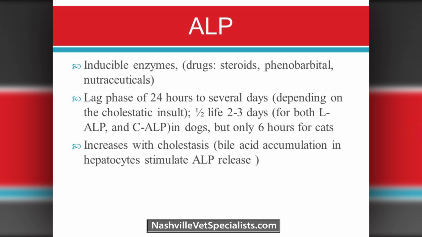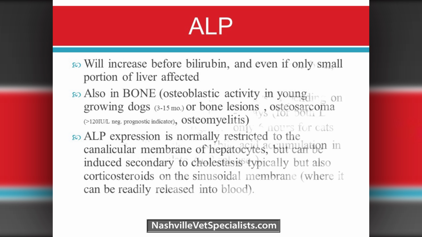Increases with cholestasis, of course, the bioaccumulation in the hepatocytes will stimulate ALP release. Remember that ALP will actually increase before bilirubin, so it's a really good sensitive marker for cholestasis, even if only a small portion of the liver is affected. For bone, remember the growing dog will have a high ALP, usually 3 to 15 months, and bone lesions. What's interesting, though, is osteosarcoma.